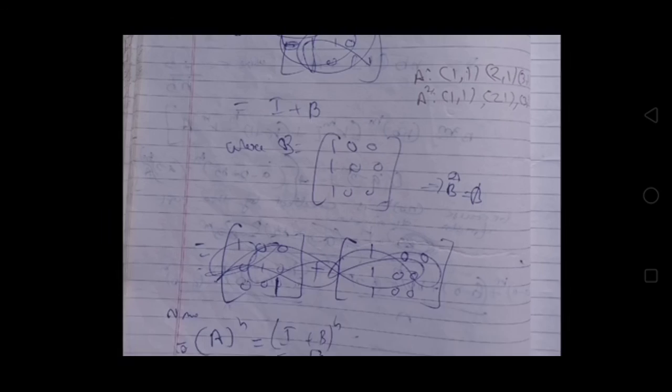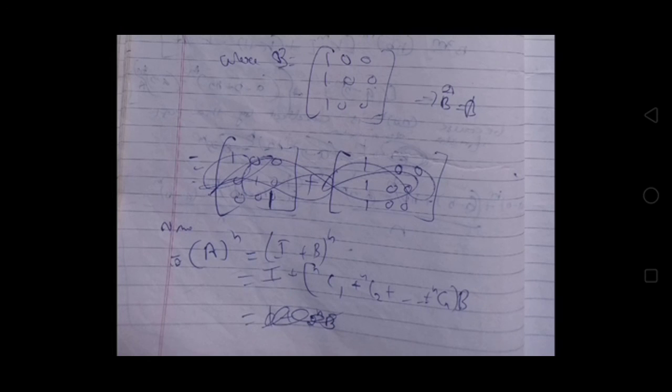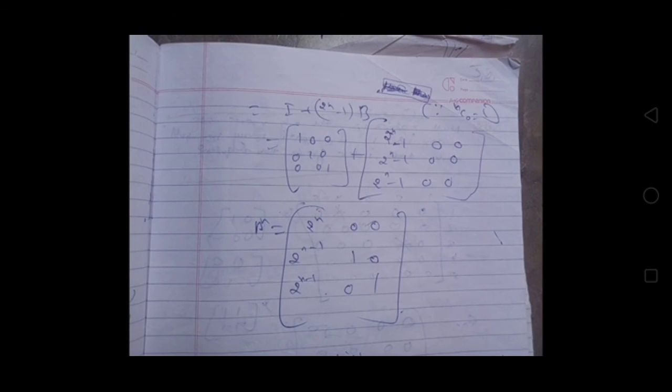Now see, as B is an idempotent matrix, A raised to power n will be equal to (identity matrix plus B matrix) raised to power n, which will be equal to I plus [nC1 plus nC2 plus up to nCn] into B, which will be equal to I plus (2 raised to power n minus 1) into B, because nC0 is equal to 1.